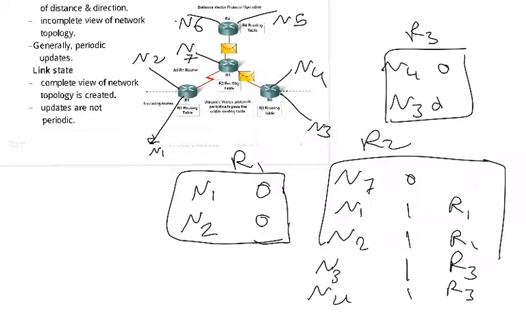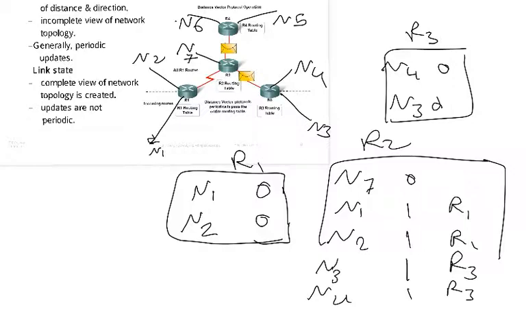So this way the information will get propagated. But always I receive vectors of distances between me and the neighboring routers only. So that's how the distance vector works.